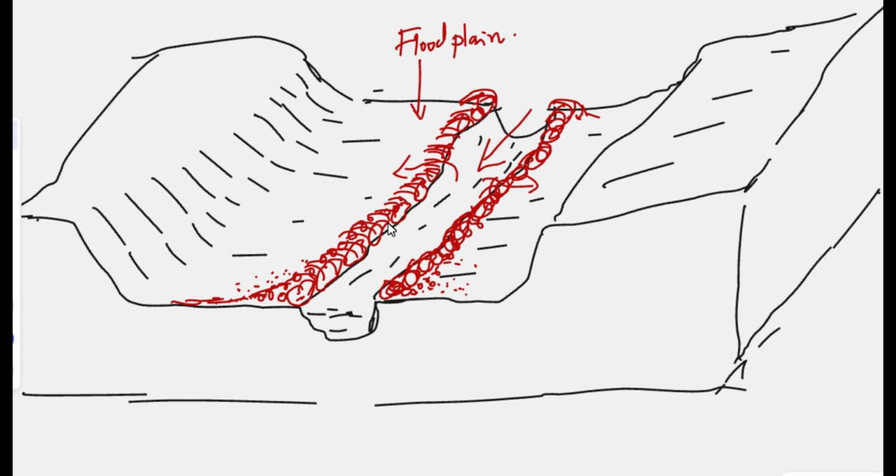For this reason, this section which appears to be raised is the one which we are calling the natural levee. Actually, if the flooding takes place, then the levees will block the waters from flowing back. So this is what we call the natural levees.